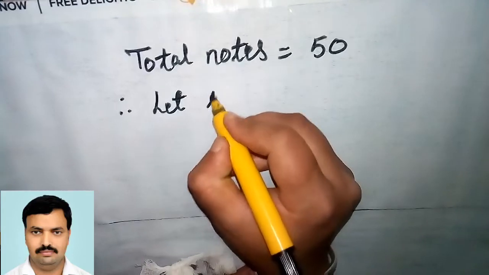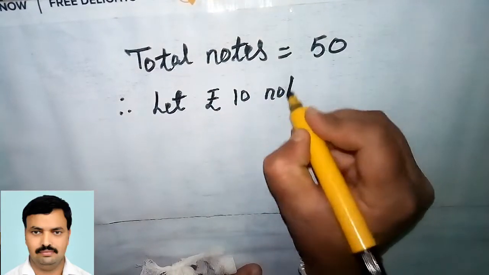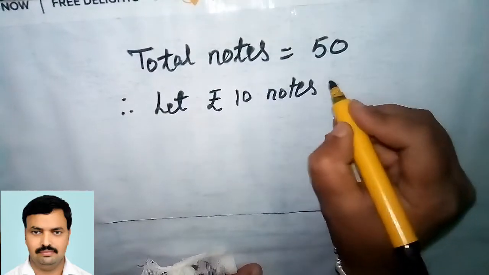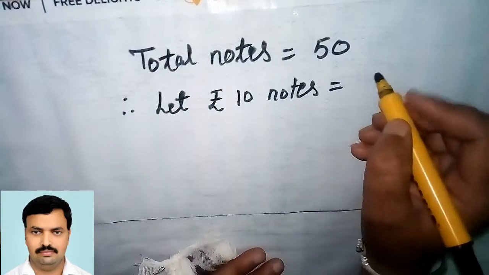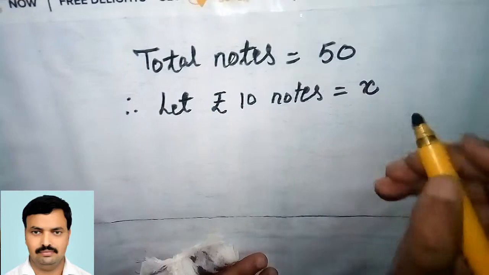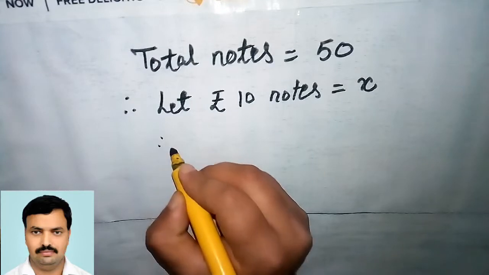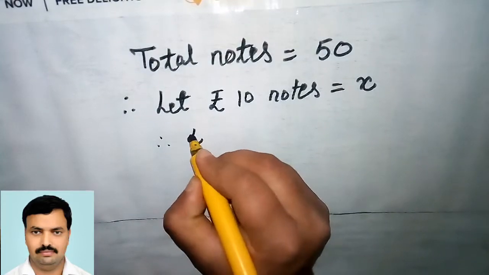So let 10 rupees notes equal X. You have to suppose it equals a variable because it is unknown.